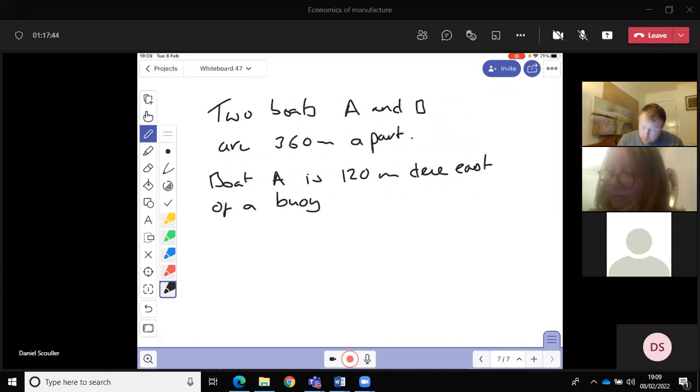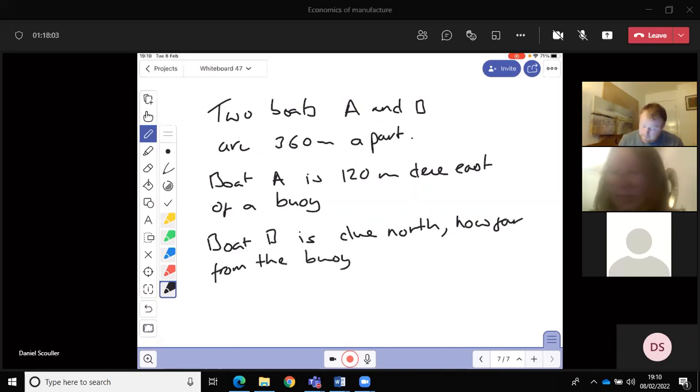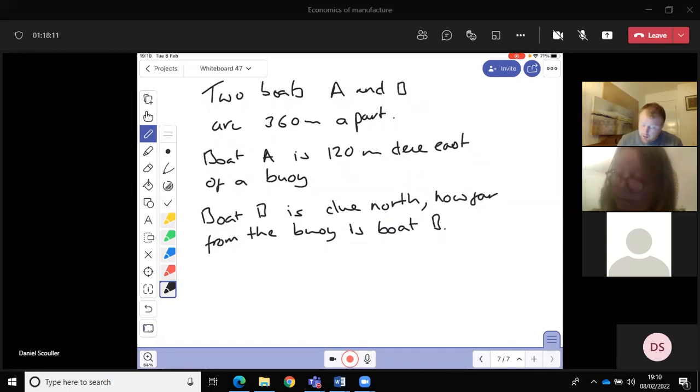Boat B is due north. So 2 boats, A and B, are 360 meters apart. Boat A is 120 meters due east of a buoy. Boat B is due north of the same buoy. How far away from the buoy is boat B?